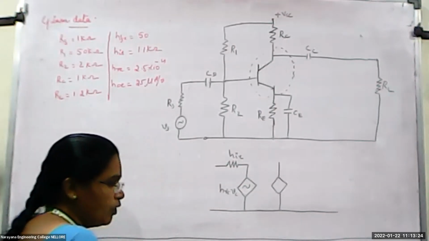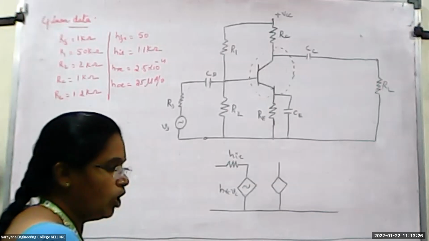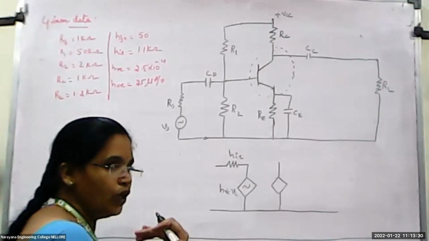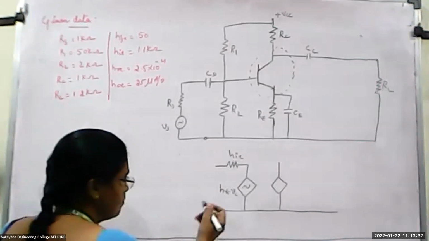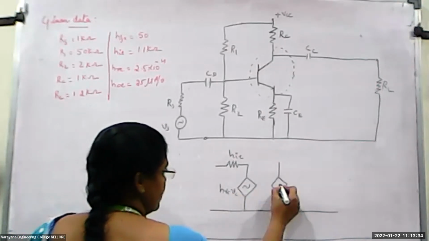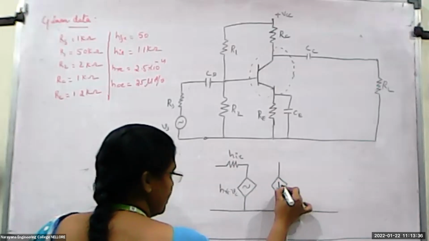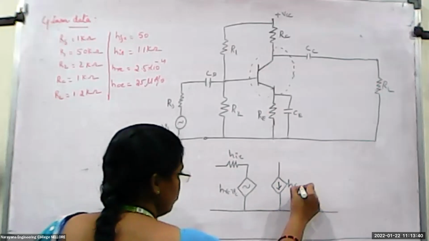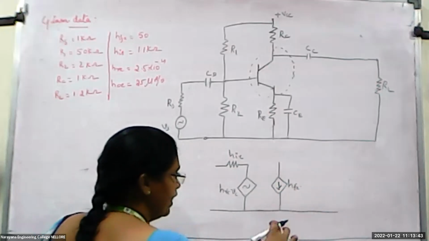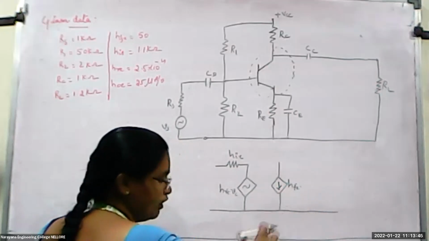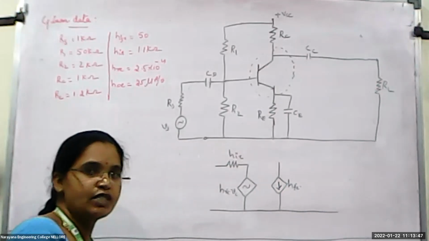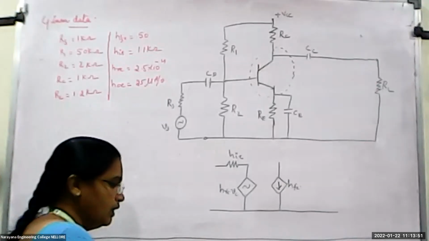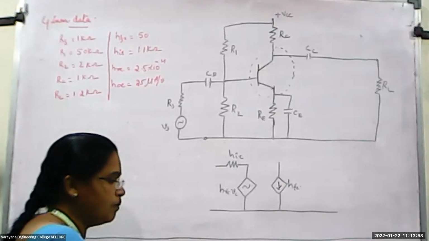Here output is common emitter, so what is the output voltage? Output voltage can be calculated at the collector terminal. So output voltage is VC. Here there is a dependent current source, that is HFE into the input current I1, from the input port. In CE configuration, what is the input current?